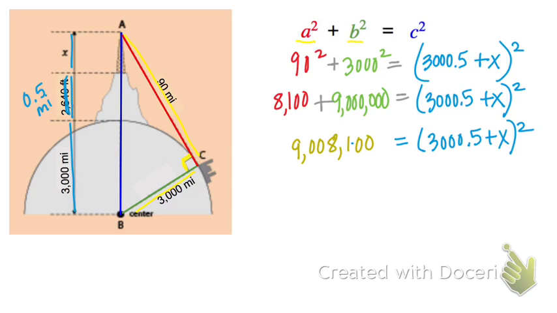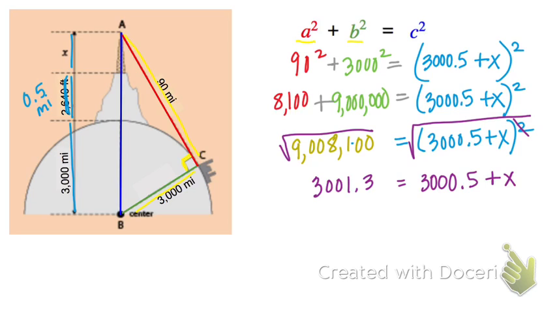Those aren't like terms. At this point, I'm going to get rid of that square by doing the opposite of squaring, which is to take the square root. If I take the square root of this side, that's just going to cancel out the square, and I'm just going to have 3,000.5 plus x. And now let's take the square root of the left side. I'm going to round that just a bit to 3,001.3.